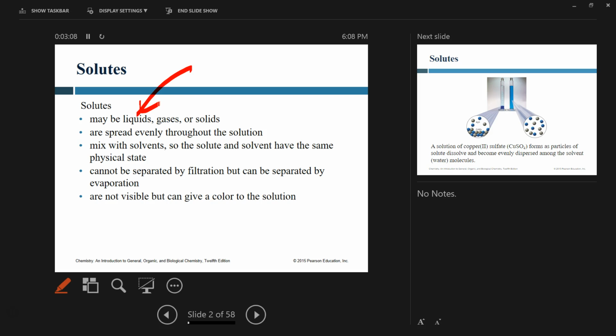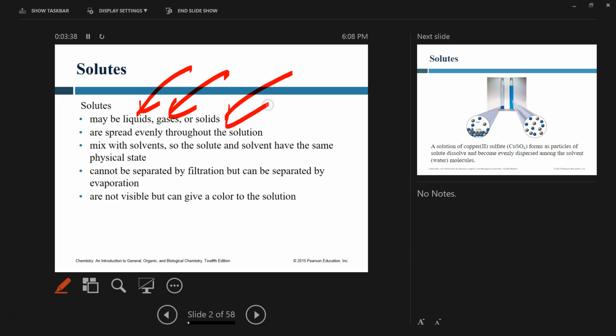For instance, you can have a solution of one liquid, say alcohol, ethanol, in water, okay? Solutes can be gases. Any water sample will contain oxygen and nitrogen and carbon dioxide. Carbonated water is basically a solution of carbon dioxide in water.